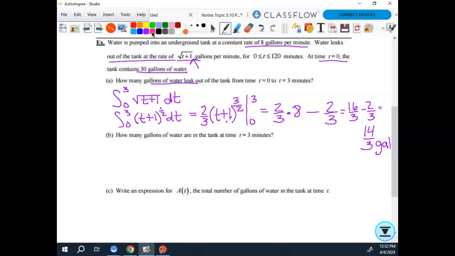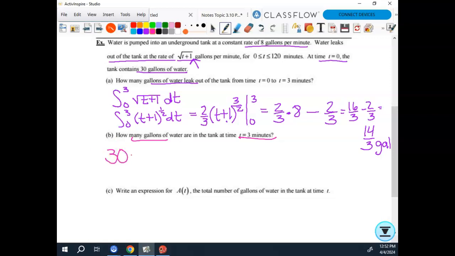We're just going to set this part up. How many gallons are in there at t equals 3? Not how much is leaking out. If I want to know how much is in there at t equals 3, then I want the initial amount. How much is in there initially? 30, right?